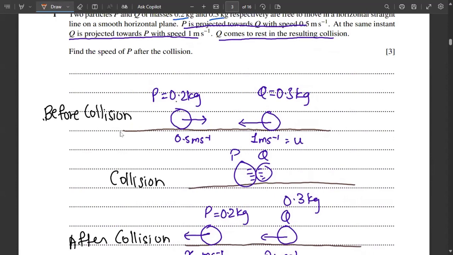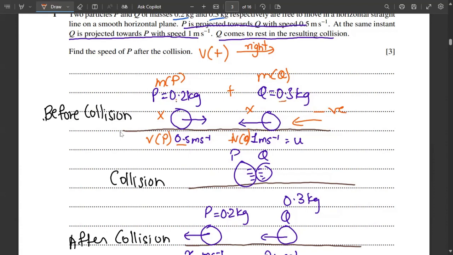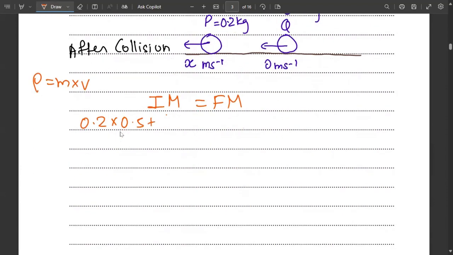So mass of P into velocity of P plus mass of Q into velocity of Q. Now, you have to notice that velocity is positive in the right direction. So in this case, since the ball is moving to the left, we'll consider velocity as negative. So the momentum will be 0.3 into -1.